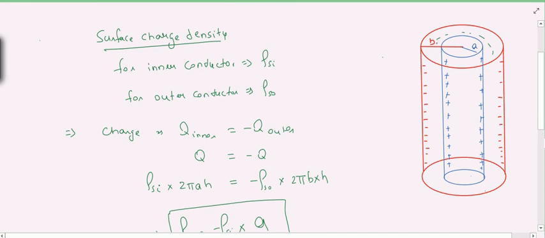It will be somewhere in between, having radius rho. You can imagine it. It will be something like this, if I complete this, and this is having radius rho.